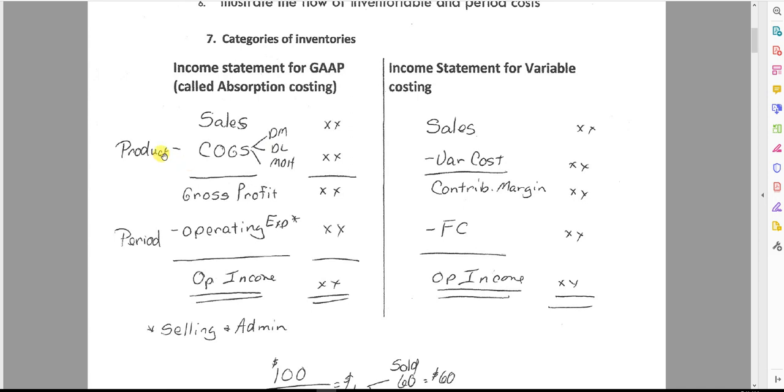And then we have a lot of other costs that are incurred in a factory that aren't direct materials or direct labor. For example, depreciation on all the machines in the factory, the supervisor salary, the electricity for the factory, the earplugs for the workers, the rent for the building, the property taxes for the building. All of those are product costs because they happen in the factory.